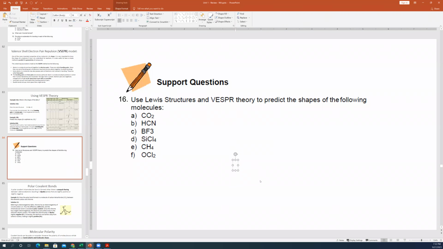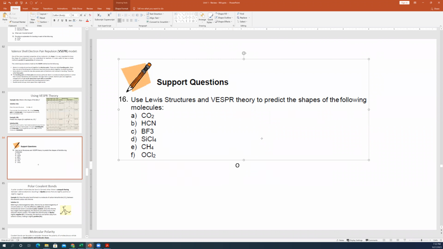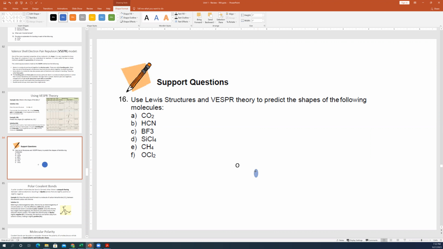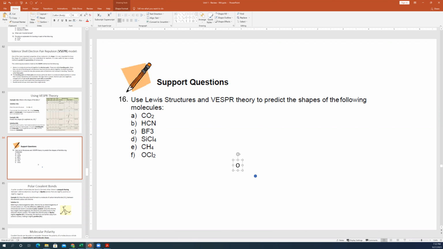So here we might have our oxygen. I'm going to try and do it on screen here and see how this goes. I don't think I've ever done this before, but okay. Maybe that can be our oxygen. Let's make this larger. Okay. So here we are doing our Lewis diagram.